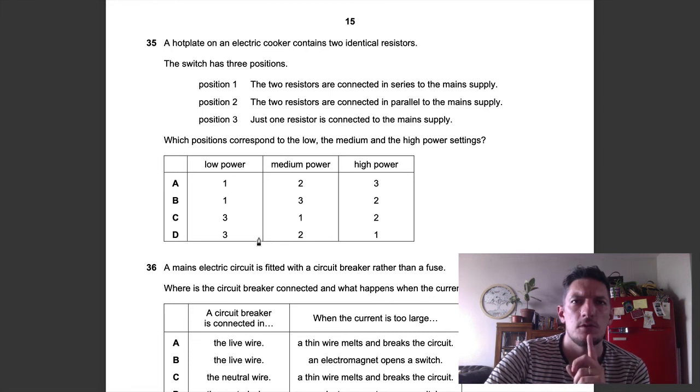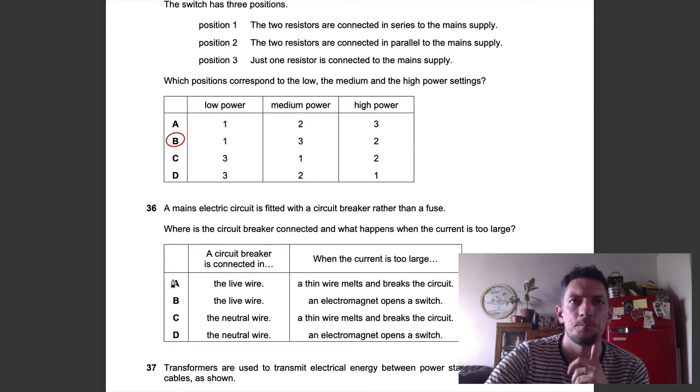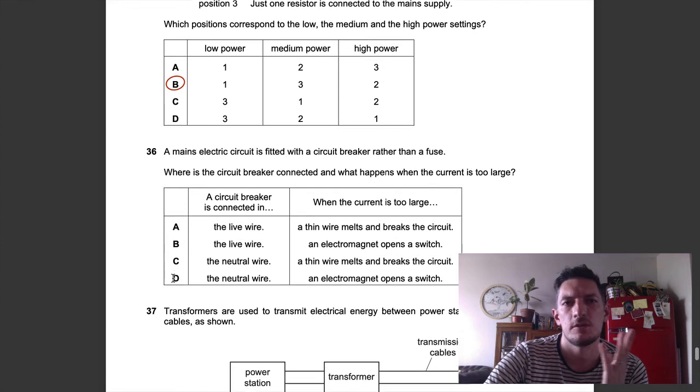So resistors in series is the lowest power. The correct answer is B. That one took me a moment to figure out, but I checked. No, it's correct.